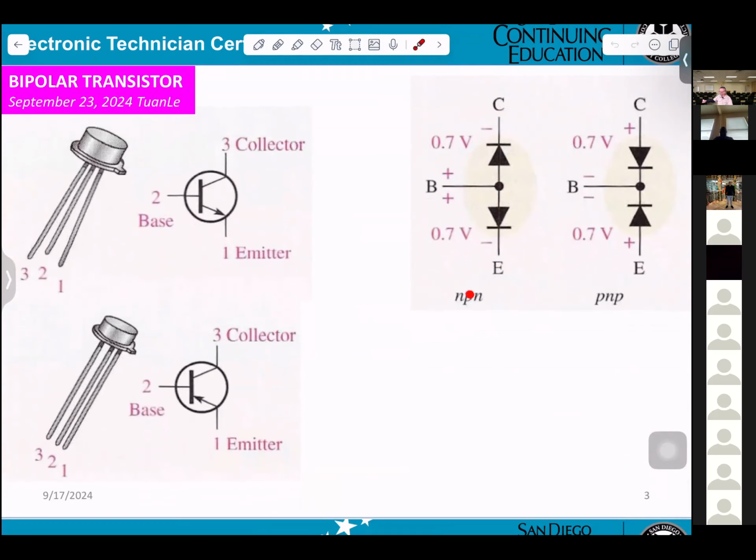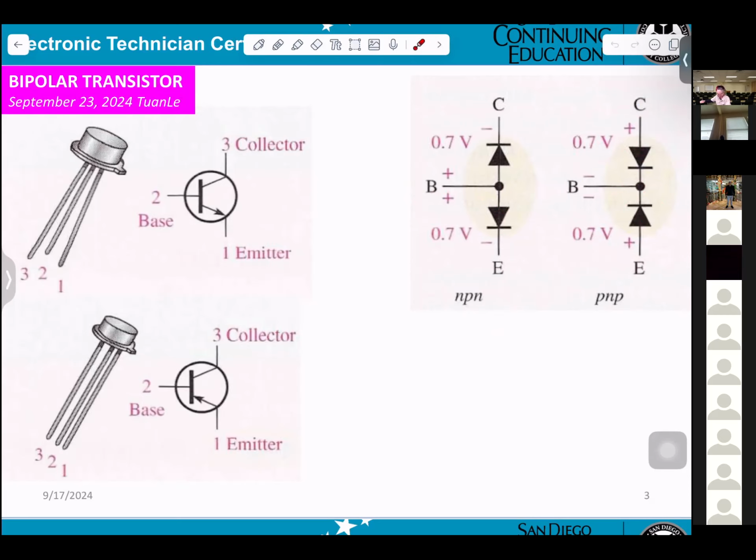And that's a PNP. You still get the same two diodes, but the difference is the emitter diode and collector diode are coming in, and you have to know the current flow. For the base, IB goes in, collector, IC goes in, and emitter, current leaving. And this PNP is opposite.